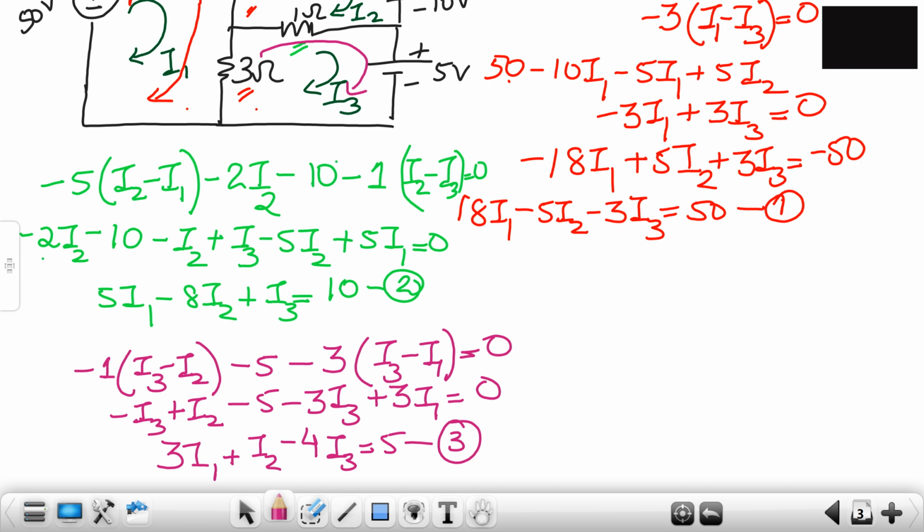Now let's solve with the help of Cramer's rule. According to Cramer's rule, we will solve the equations.